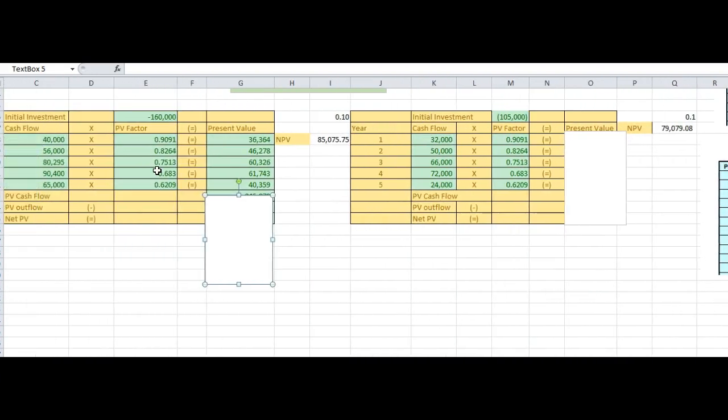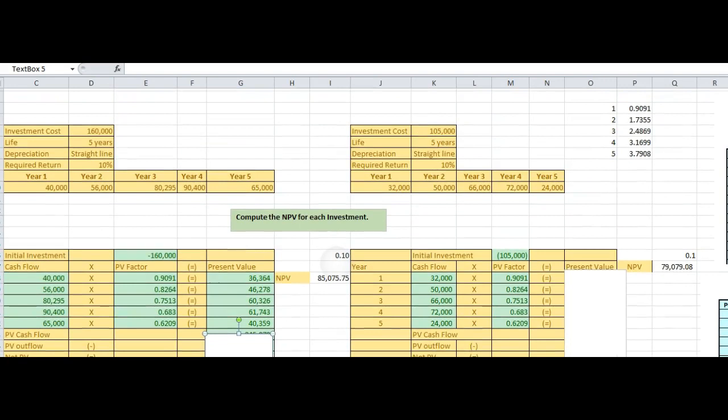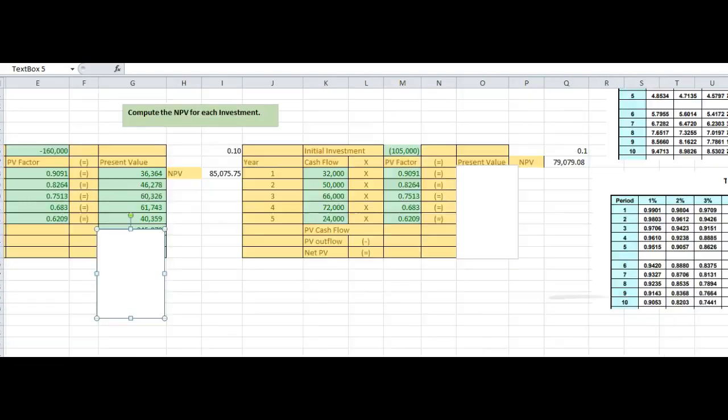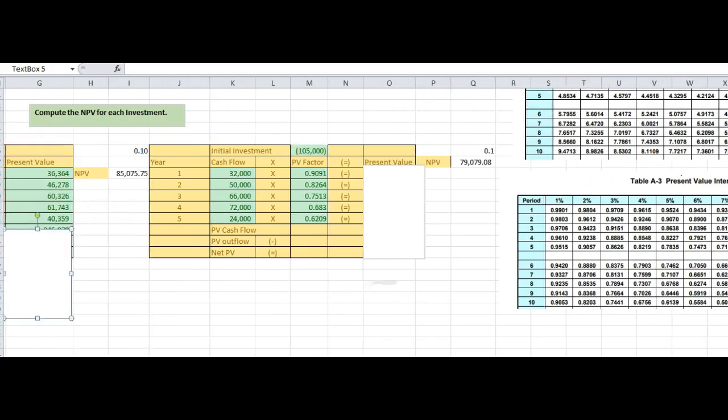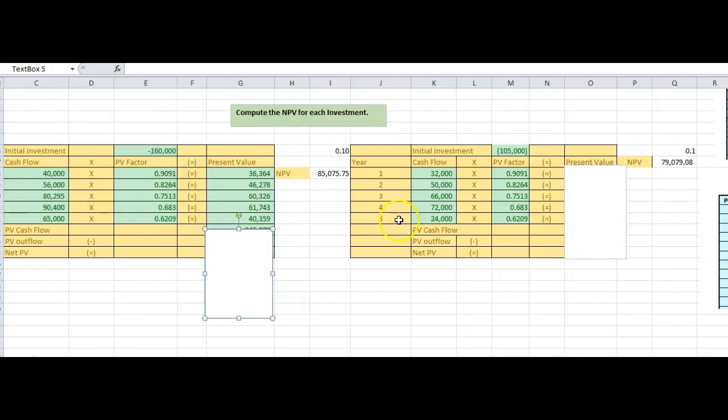And the factors come down to, let's look at our factors, 5 years at 10%. So I come over at 5 years at 10%, and for year 1, 2, 3, 4, and 5, these are the factors I'm going to use for each of these individual cash flows. Again, you'll multiply things out. You'll come up with the present value cash flow minus what we're spending for it and find out I have a positive cash flow of 85,000.